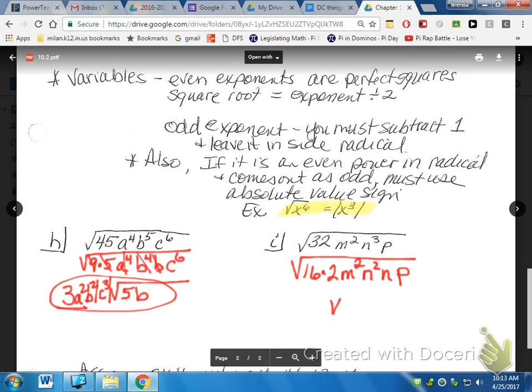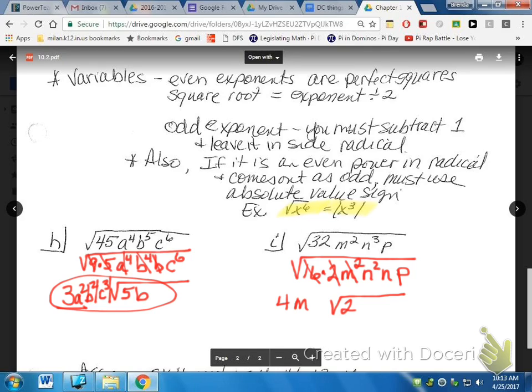Okay, I'm going to draw the radical, and I'm going to go across left to right and pull the perfect squares out, leaving everything else inside. I've got the 16, a perfect square. Bring it out in front, 4. The 2 has to hang out inside. M squared comes out, you take 2 divided by 2, so m to the first.